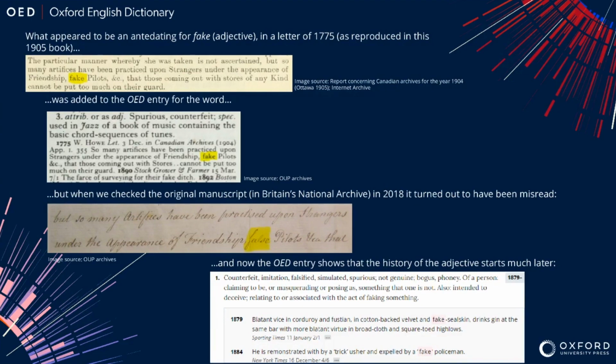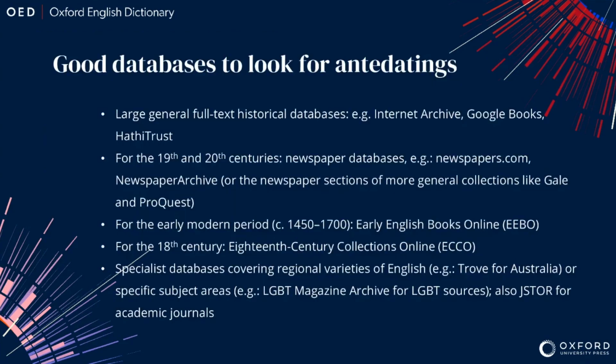Not always, but usually. As for good places to look for antedatings, I've already mentioned the Internet Archive and Google Books, which are two of the most important places to look online for general antedatings, along with the HathiTrust Digital Library. For the 19th and 20th centuries, the various big newspaper databases can be very useful.